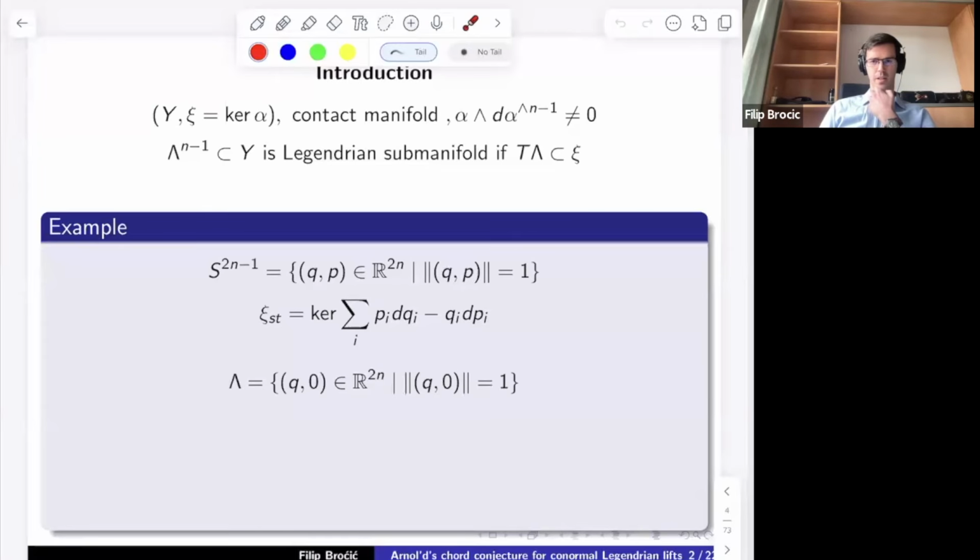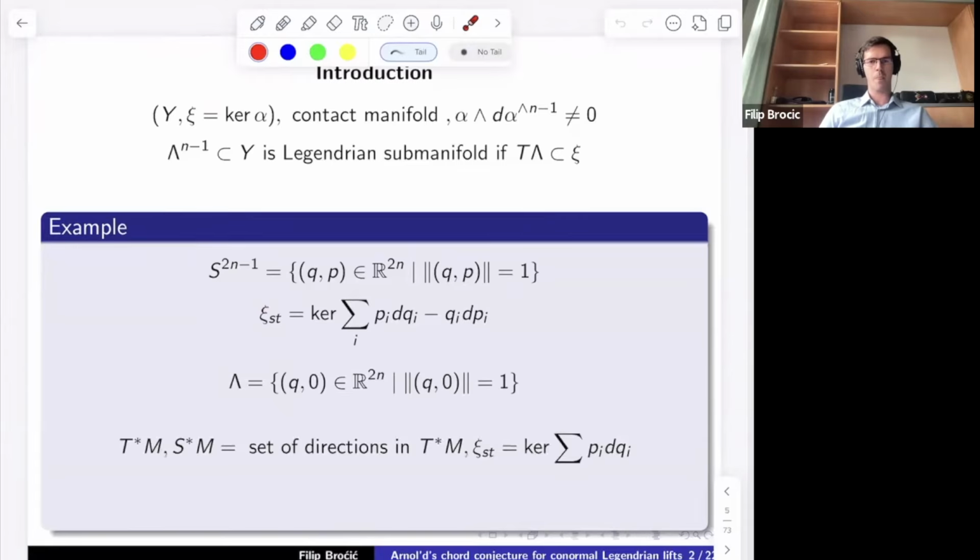As a prototype example of a Legendrian, we have the standard Legendrian unknot, which is a Legendrian sphere of dimension n-1, given by intersecting the Lagrangian plane p = 0 with the contact sphere S^{2n-1}.